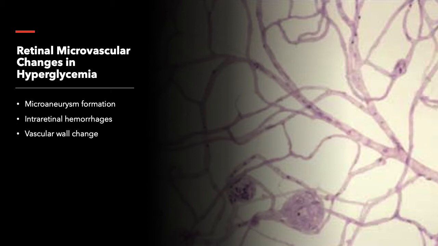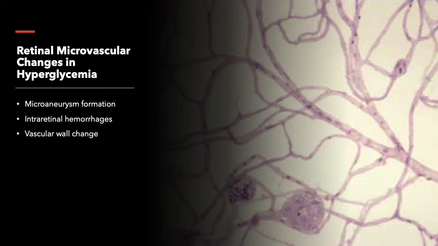As the years pass of uncontrolled hyperglycemia, this will lead to microvascular changes. Showing in the picture here, you will see microaneurysm formation, the round small lesions there. These are actually the very first visible signs of diabetic retinopathy.